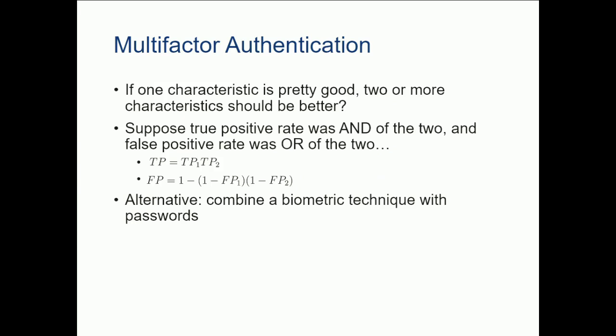Okay, and then if we combine two authentication techniques together, and the false positive rates of the two systems are FP1 and FP2 respectively, then the false positive rate of the combined system is 1 minus the product of (1 minus FP1) and (1 minus FP2).